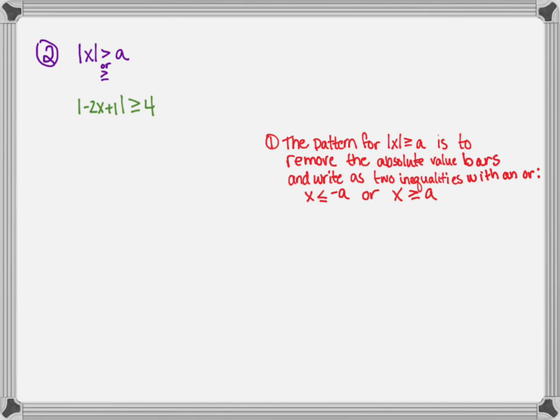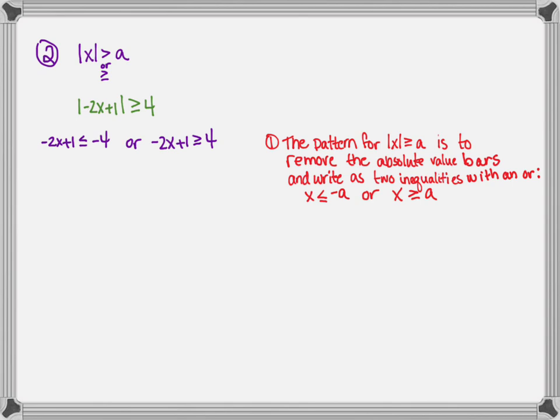So x is less than or equal to the opposite of a, or x is greater than or equal to a. For our example, we'll have -2x plus 1, what was in the absolute value bars, is less than or equal to the opposite of 4, or -2x plus 1 is greater than or equal to 4.